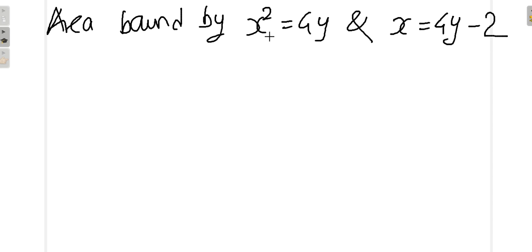First thing when there is area between two curves is to find the coordinates of intersection. So let us put 4y as x square. Let us solve these two equations simultaneously. So we have here x square equal to x plus 2, this 4y can be written as x square.